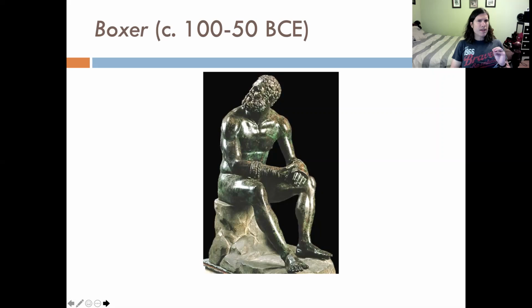Okay, if you think about the discus thrower, or if you think about the spear bearer, classical Greeks love to depict athletes, but they love to depict athletes in the prime of their lives, in a moment of poise and confidence and command.